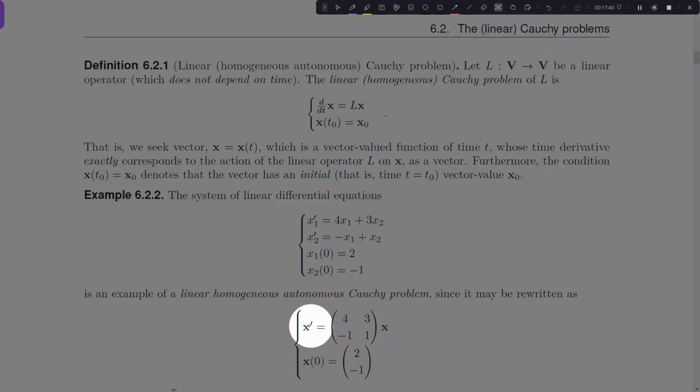I take a derivative of that, that's like d/dt of x equals a linear operator L on x. But my linear operator is just the matrix that comes from the 4, 3, negative 1, 1 coefficients of x on the right-hand side. And moreover, I have an initial vector 2, negative 1. So there's my initial vector in the Cauchy problem as well.